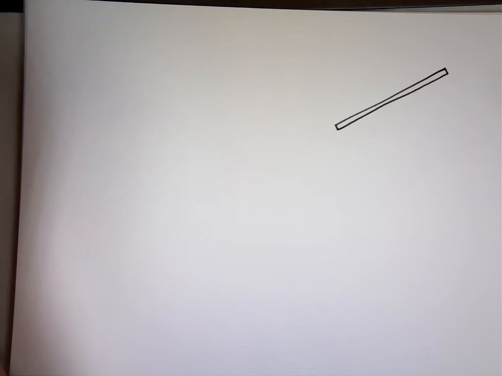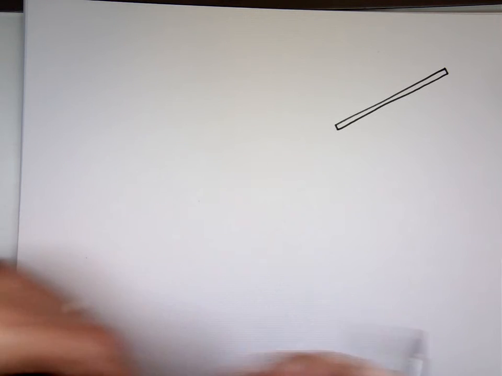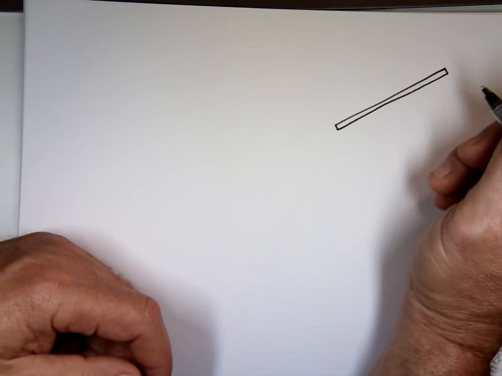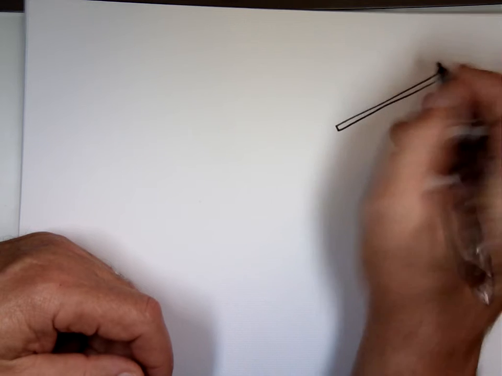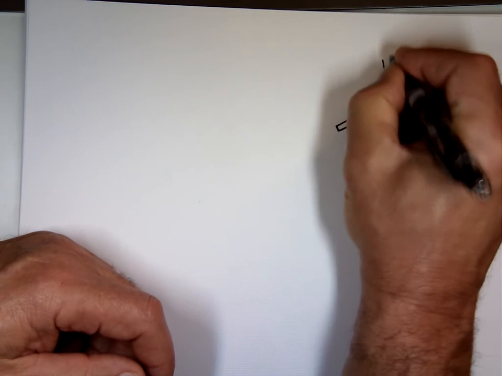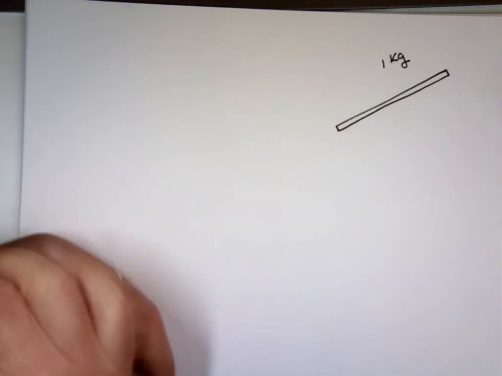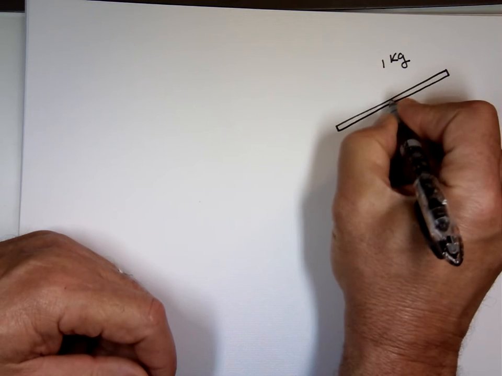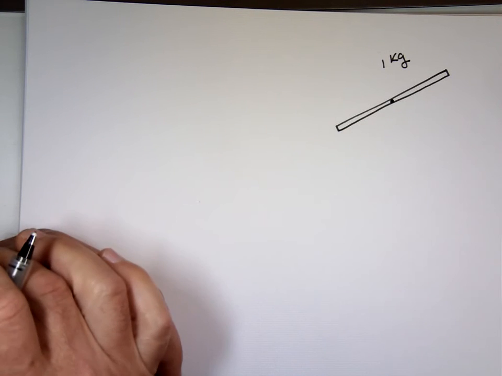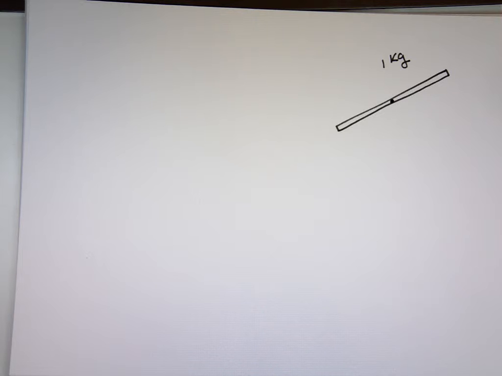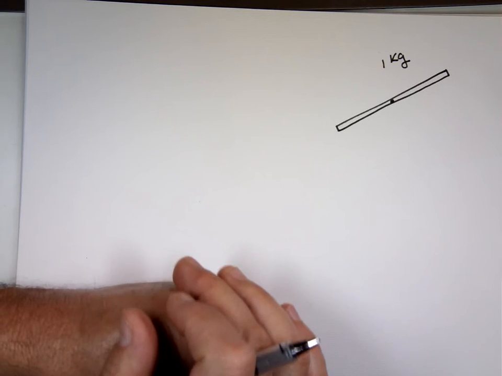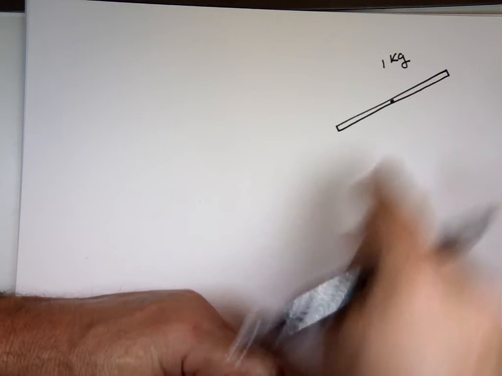Somebody pick a number for it. What do you want to use for the mass? 1 kilogram? Okay. And you're going to spin this around the center or the edge of it. Let's say this is a prop, like a blade for the lawnmower. So 1 kilogram, probably even more than that, and it spins around the center.